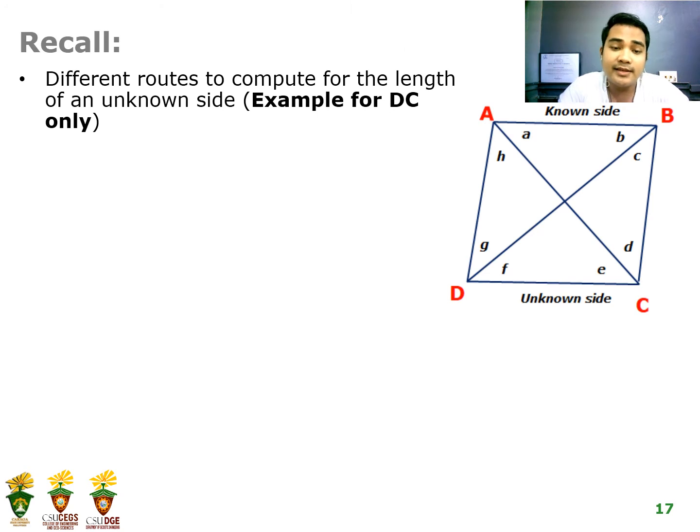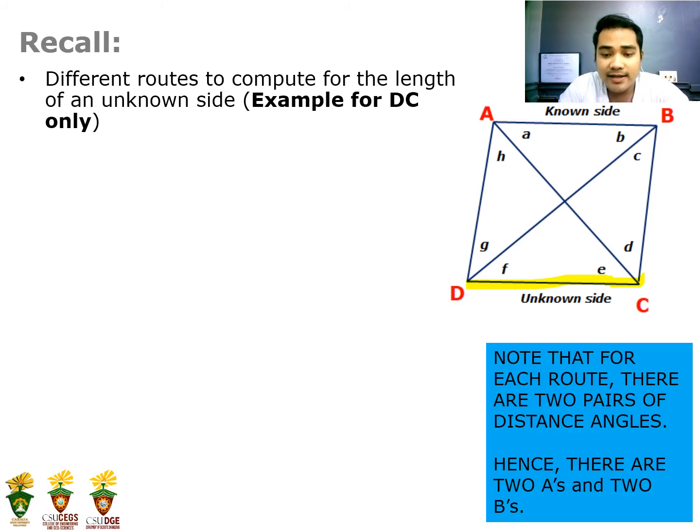For the different routes to compute the length of the unknown side, take for example in this figure the unknown side DC, the line DC. Note that in each route there are two pairs of distance angles.